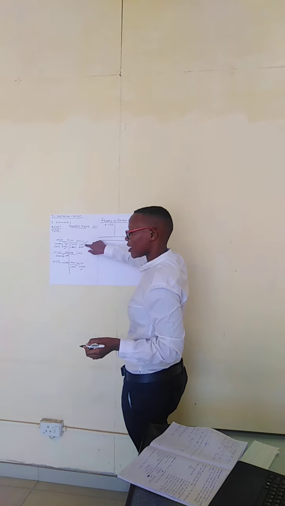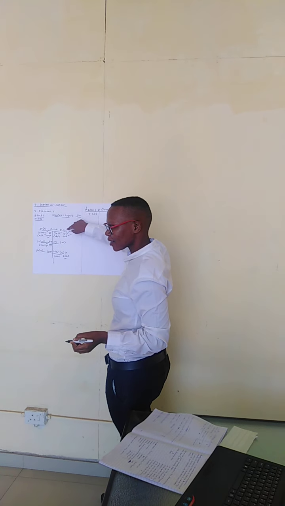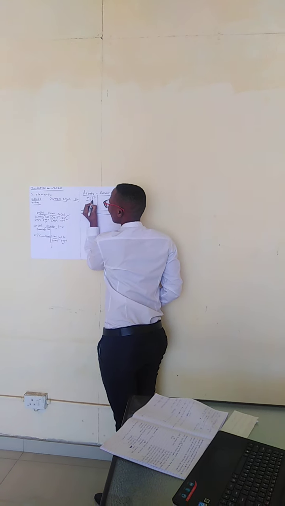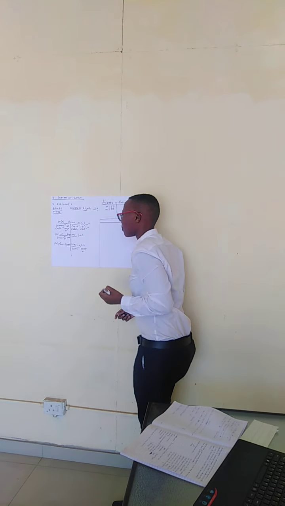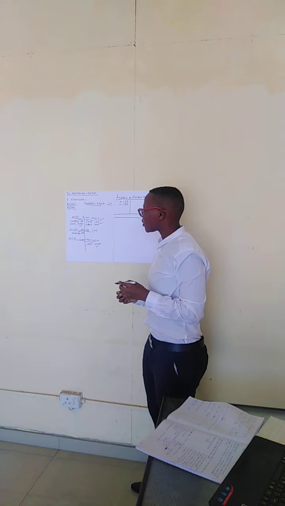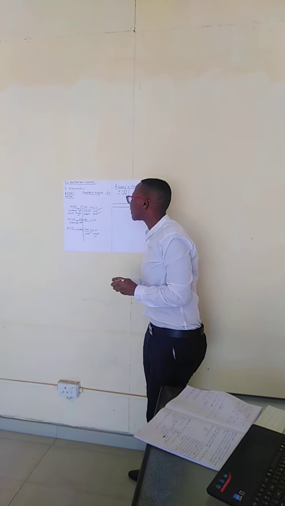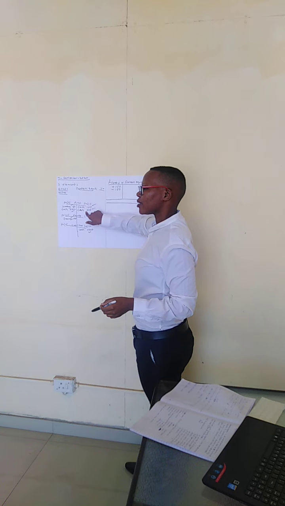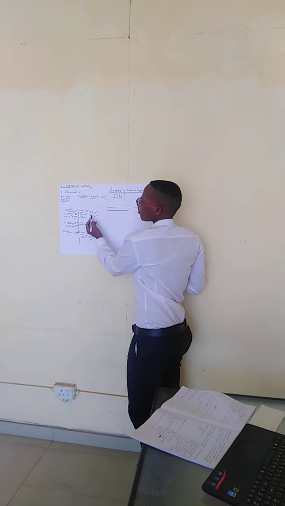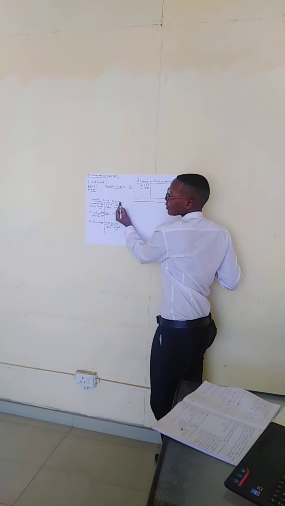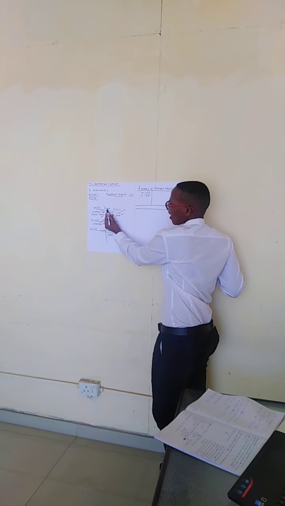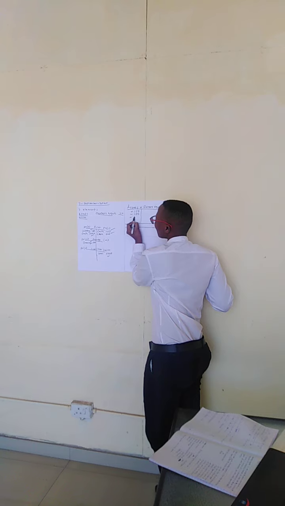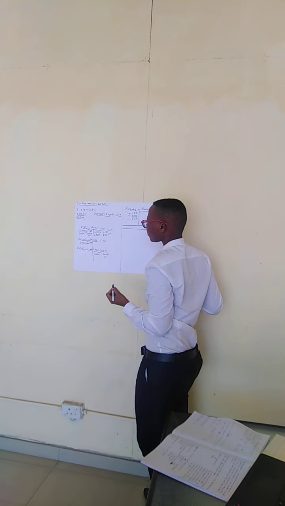It's 150, right? Under which sign? Negative. So we have minus 150. And also our second transaction, which is 500 rand that we withdrew from the business account. Under which sign? Negative. And it's under assets, right? So it's minus 500 rand.